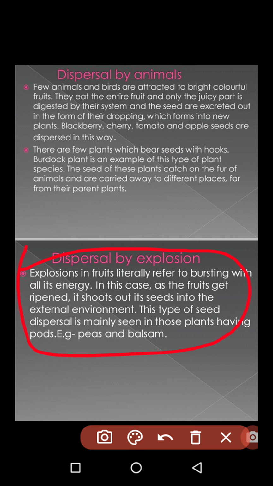In this case, as the fruits get ripe, they shoot out their seeds into the external environment.